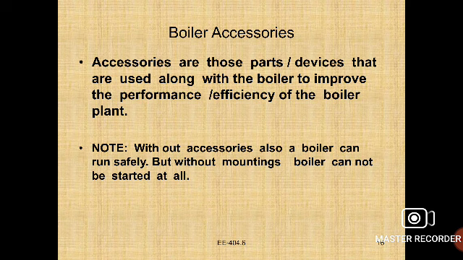More commonly employed in the steam power plant are: feed pump, economizer, superheater, air preheater, steam trap, steam separator, and steam injector. These are the main parts. Accessories are the devices used along with the boiler to improve the performance of the boiler plant.